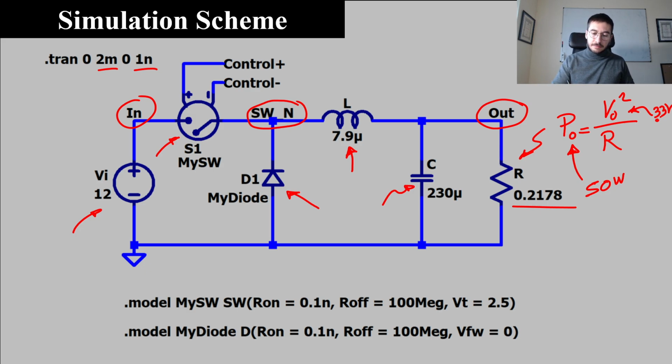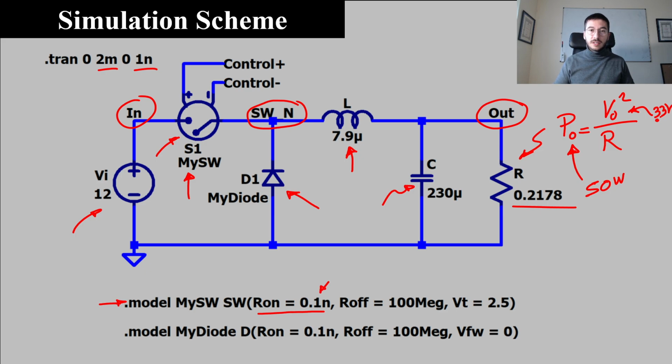Well, next thing we need to explain is how we model the switch and the diode. I'm defining my own models. I will start with the switch. I define a model of the switch considering these parameters that I am including here. First of all, when the switch is on, I want a short circuit. In LTspice we cannot put a perfect short circuit, so we have to put a very small resistance.